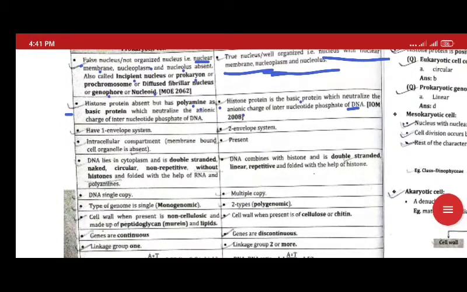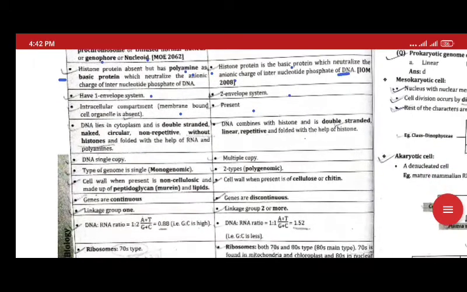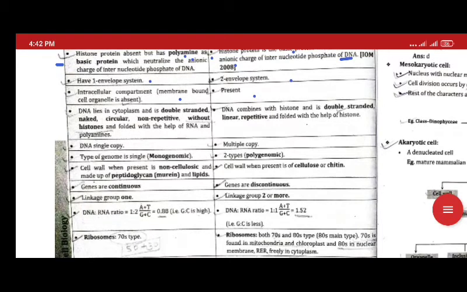Now prokaryotes have only one envelope system and eukaryotes have two. In prokaryotes intracellular compartments, or membrane-bound compartments, are absent. In prokaryotes DNA lies in the cytoplasm and is double stranded and circular, non-repetitive, with no histone protein.